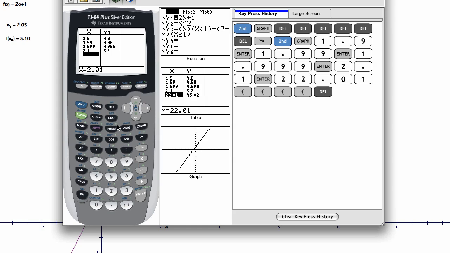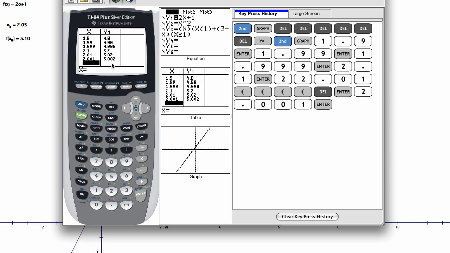There we go. 2.01 is slightly closer to 2 than 2.1 was, so we hit enter. And you can see that we're slightly closer to 5. But we're creeping in on 5 from up above, whereas up here we were creeping in on 5 from down below. Let's do one more, 2.001, and you can see that we're closer to 5 yet.